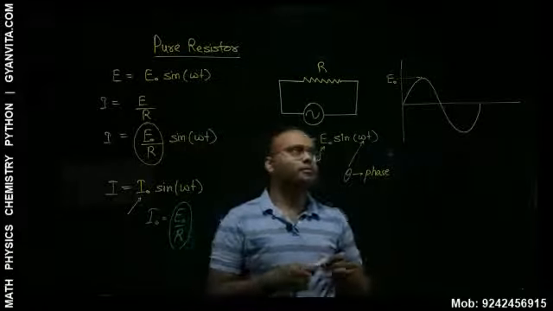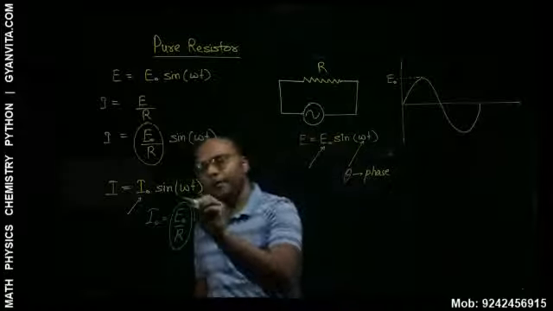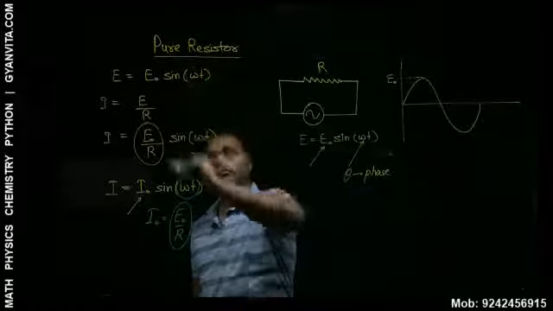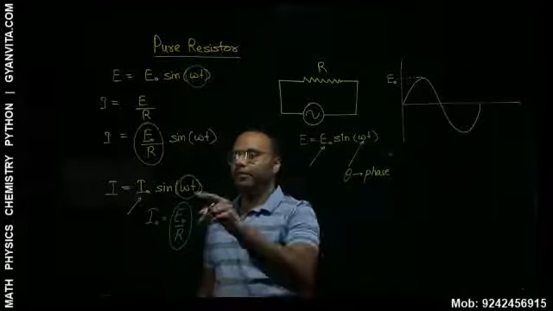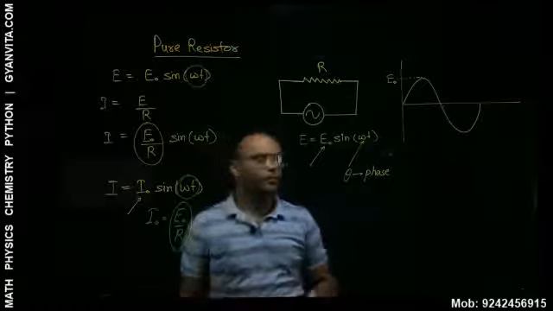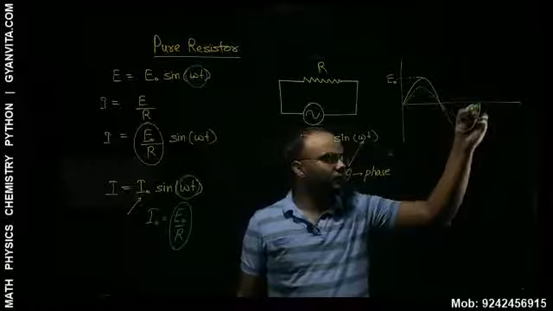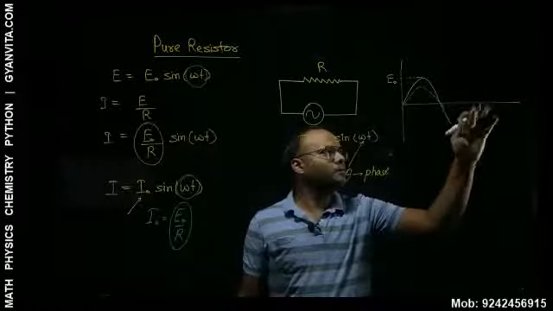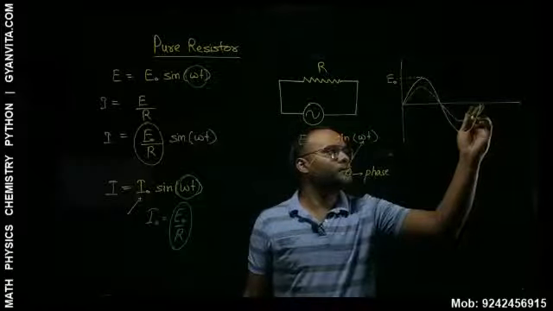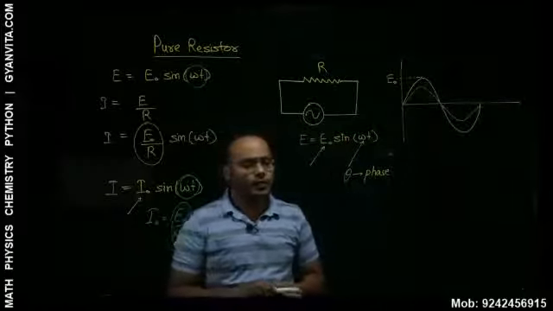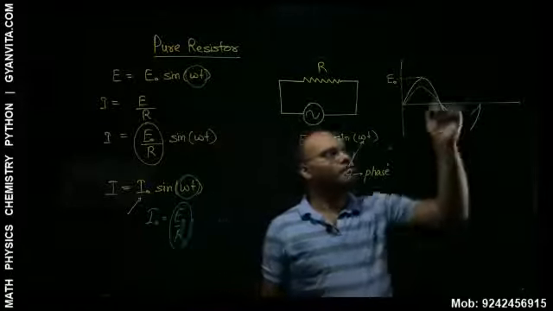So the diagram for current will also be similar, and it will have the same phase. That means the pattern of this graph will be exactly the same as the pattern for EMF. So this graph will also be like this. Is it clear? So what you see here is that EMF and current both have the same or similar phase.